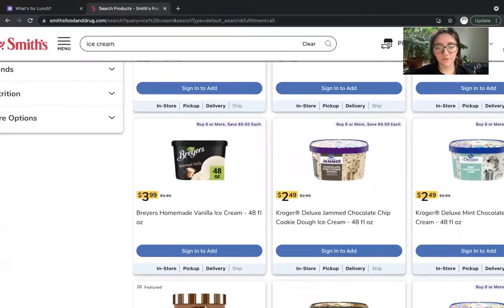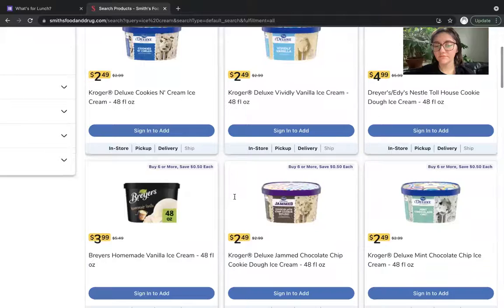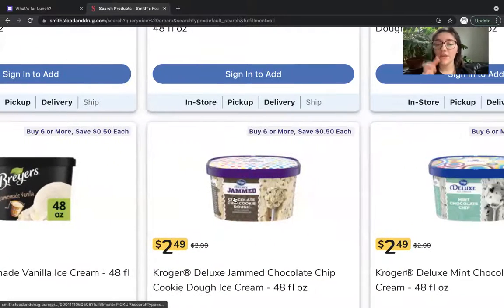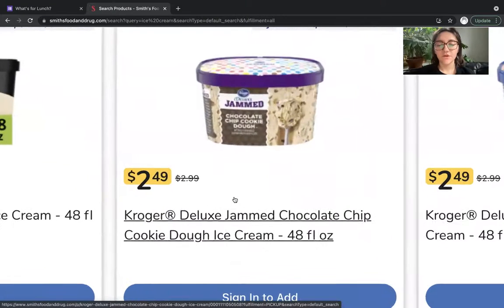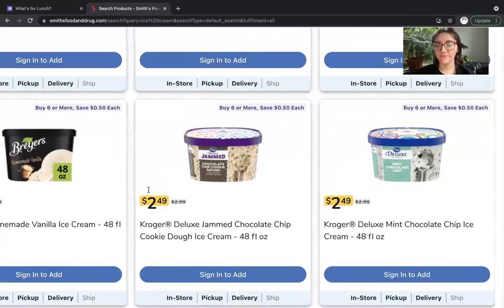Oh, good. I found one. Okay, so we're going to look at 2 different chocolate chip cookie dough ice creams, right? So this one is 48 fluid ounces, right? This is telling you how much is in the package. And it's $2.49 for 1 package.